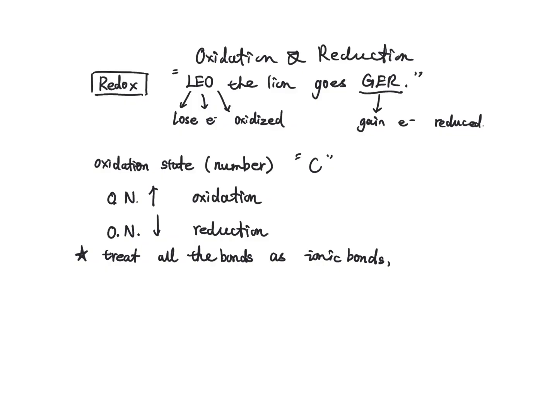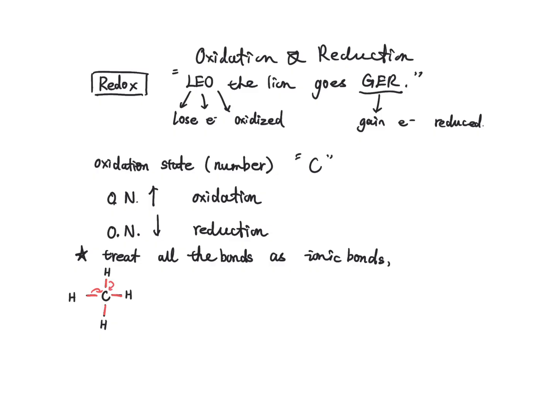Let's look at one example. If we start with this molecule, this is methane, and there are 4 carbon-hydrogen bonds. Compared to hydrogen, carbon is more electronegative. That means all the electrons in these bonds go to carbon.